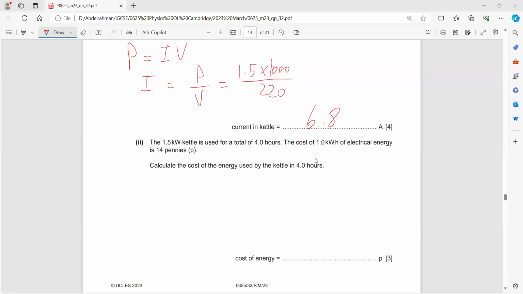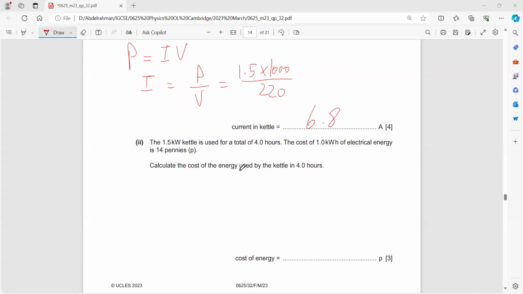What about this question? How can I calculate this one? Any ideas? Okay, apparently no one knows. Cost of energy.